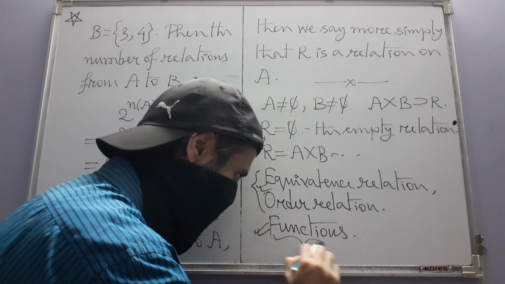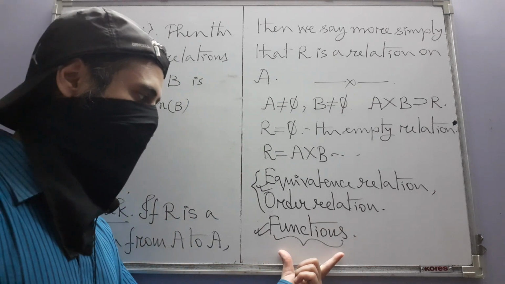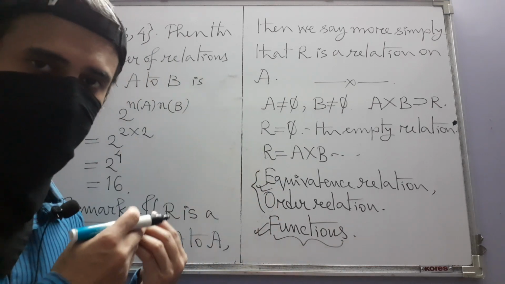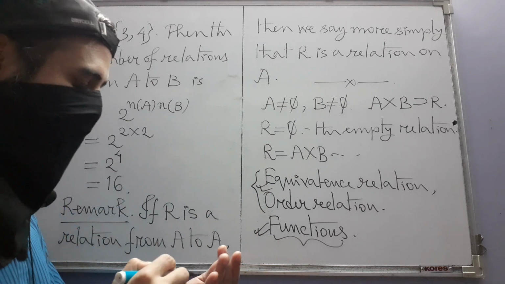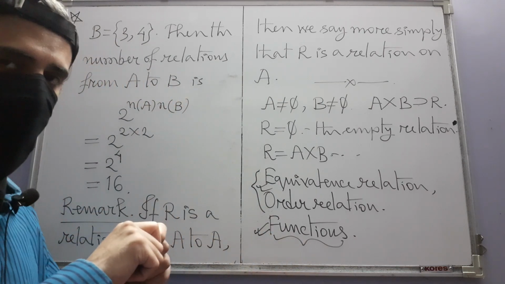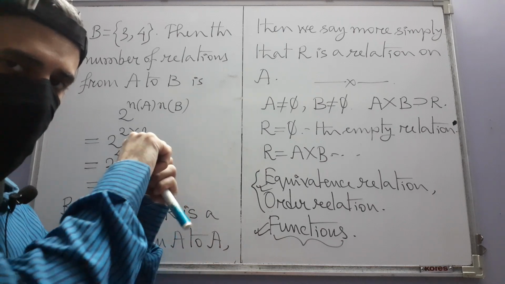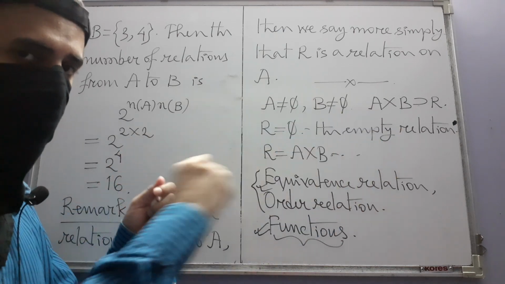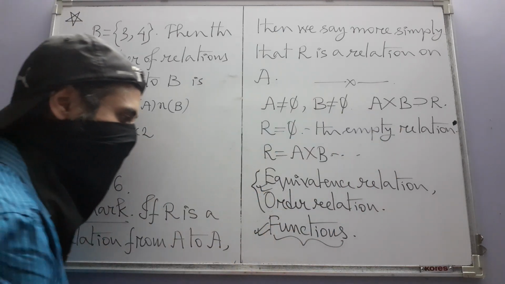This is also a type of relation. So you again have a set A and a set B, and functions are again relating elements of A to elements of B by using some kind of rules.